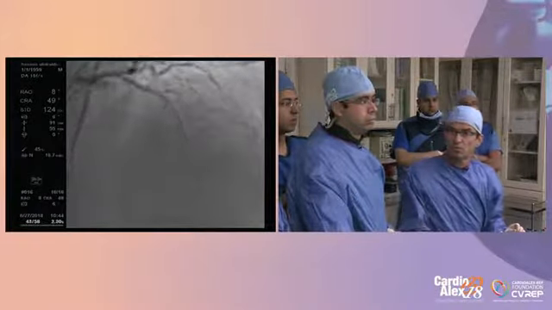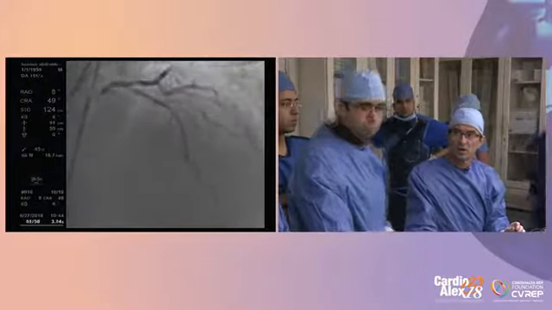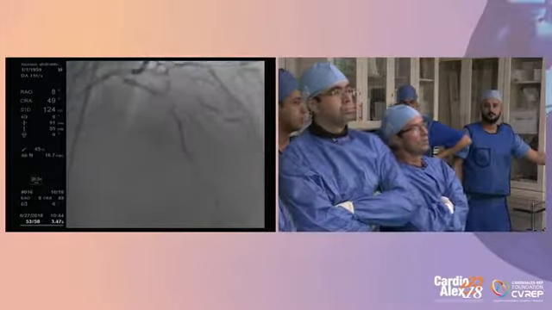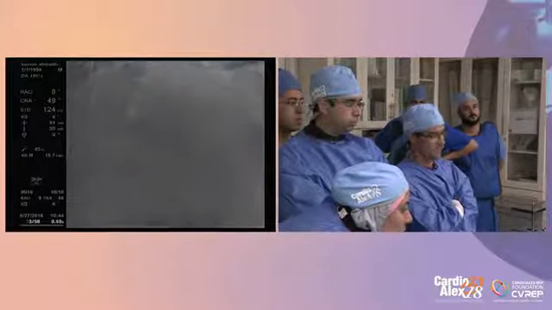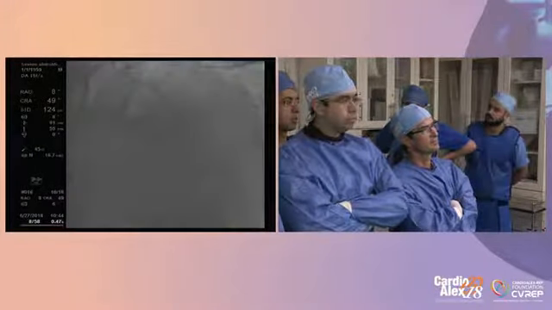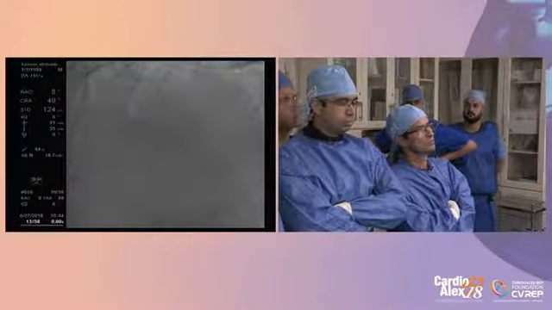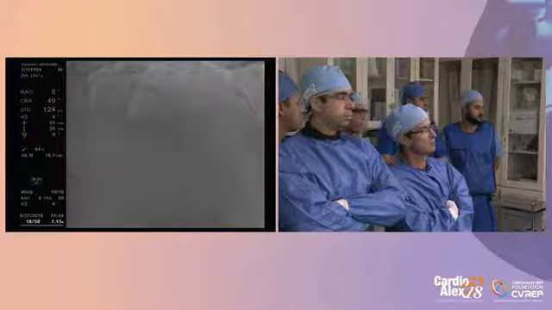The question is, what size of stent would you use on the rotablated LAD? Or would you even use either a DCB or a stent? Or would you leave it like it is?